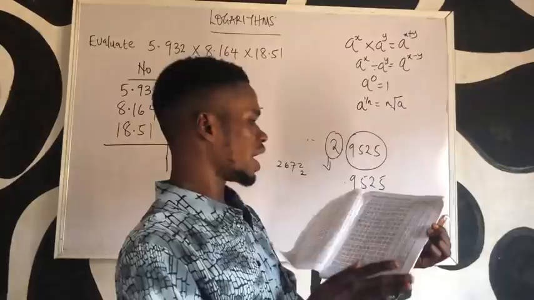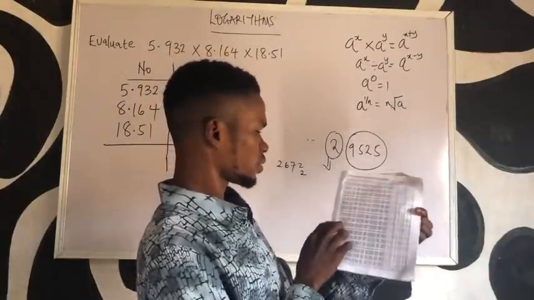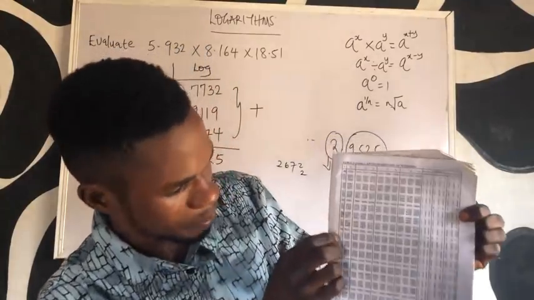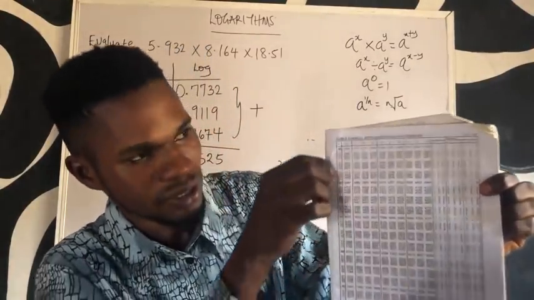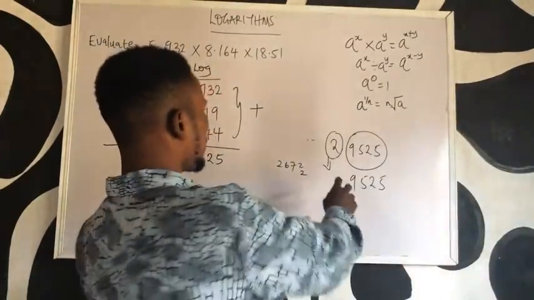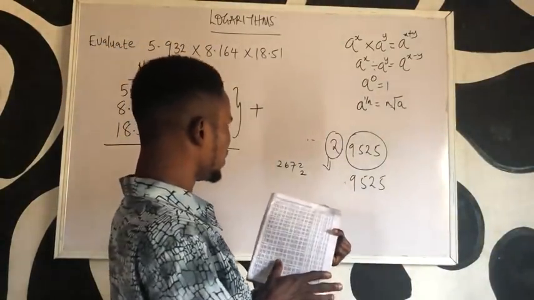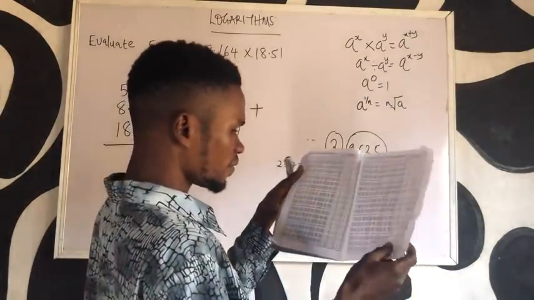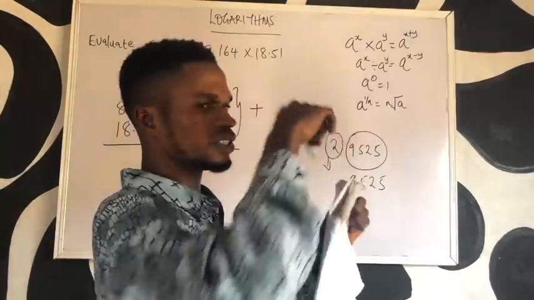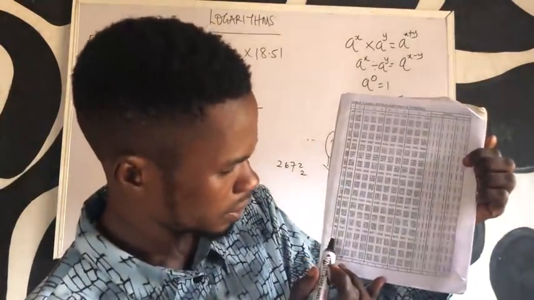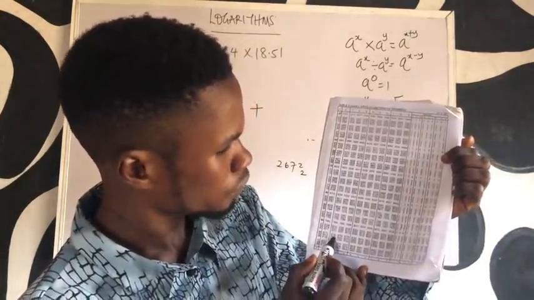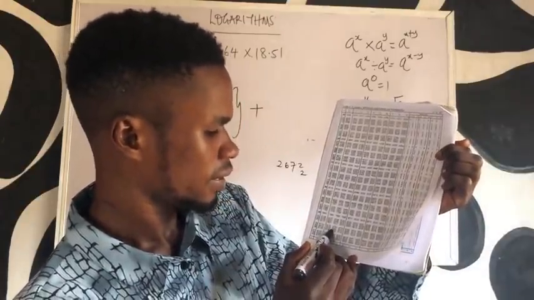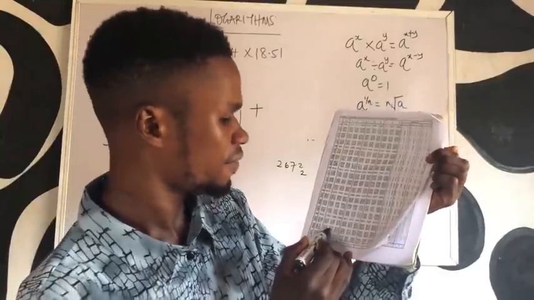We move to the antilogarithm table. 0.95 under 2, difference 5. 0.95 under 2 is 8954.